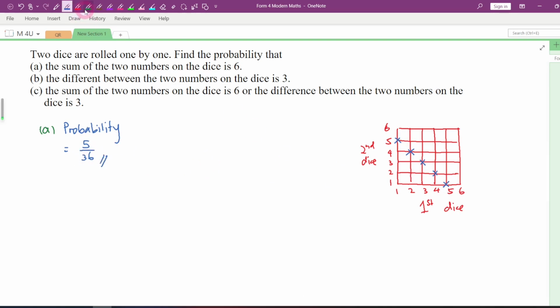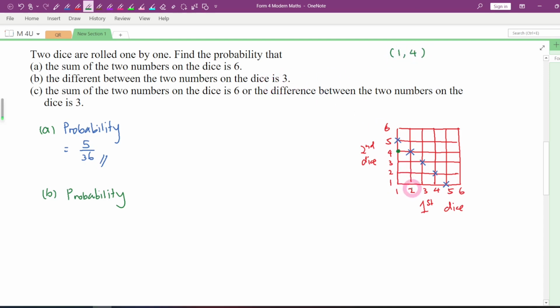Let's go to the second part, part B. The difference between the two numbers on the dice is 3. Okay. So it can be 1 paired with 4, right? The first die shows 1, the second die shows 4. Their difference is 3.